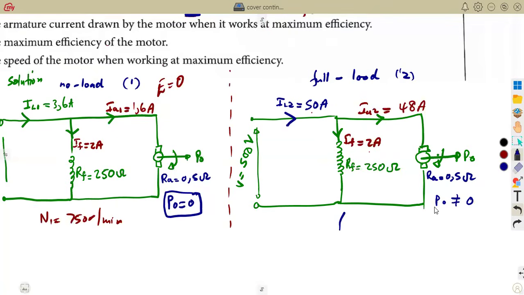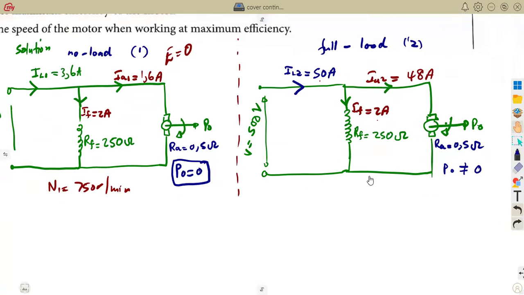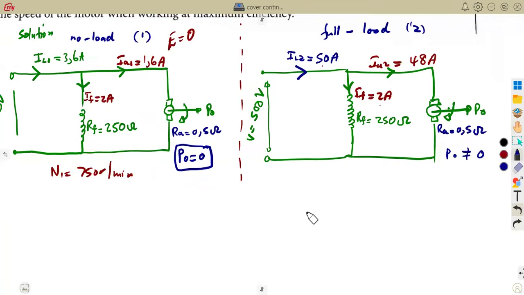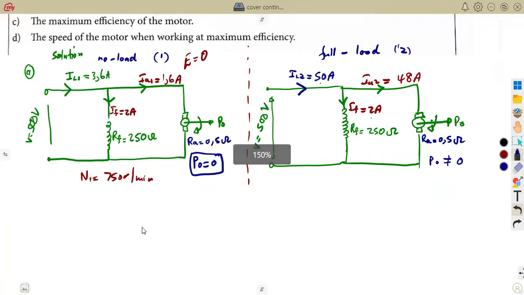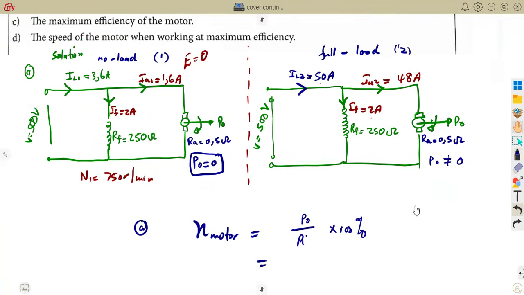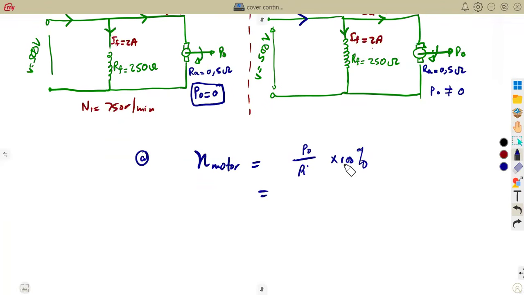So like I said, from our presentation, this will be part A. The efficiency of the motor is output over input. You make the substitution in place of the output: input minus the losses, everything over the input.